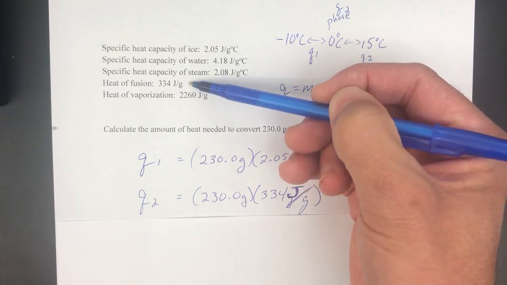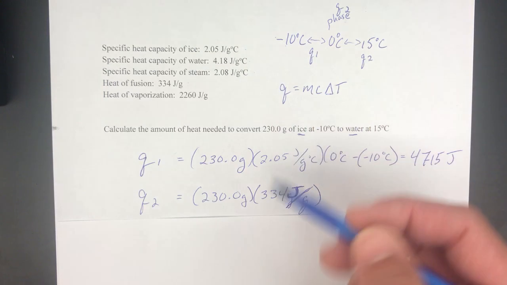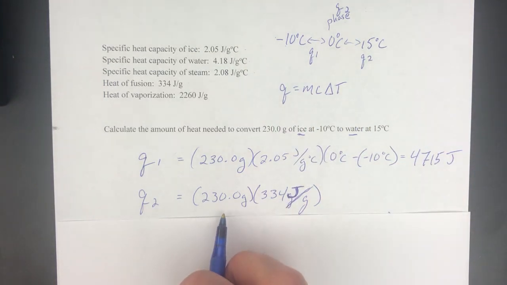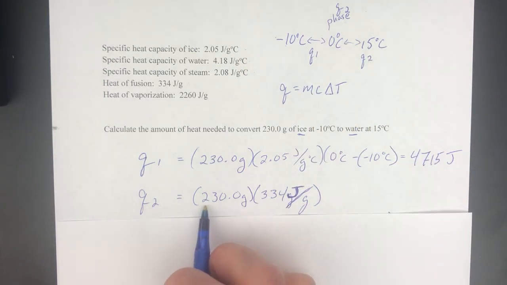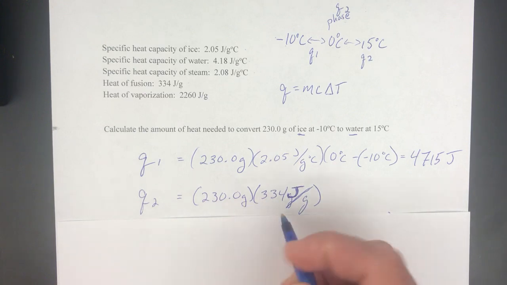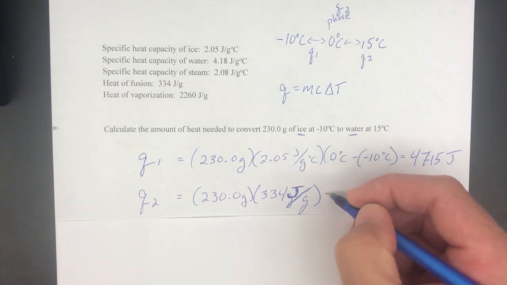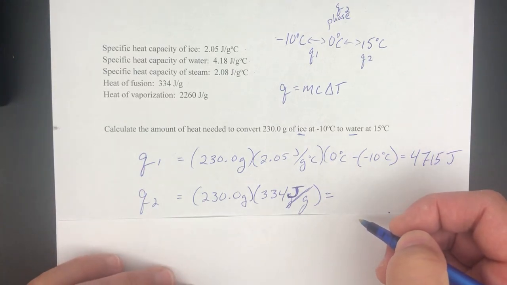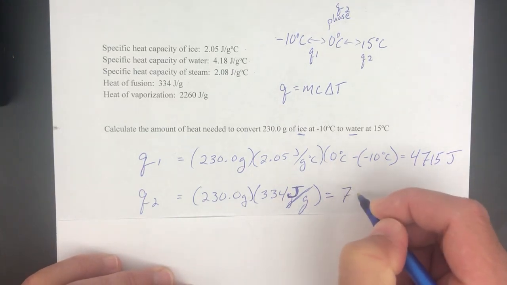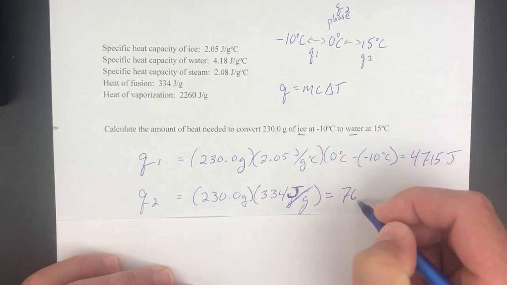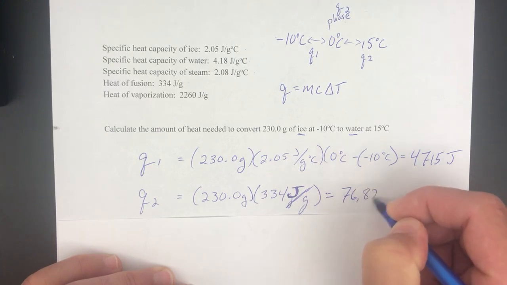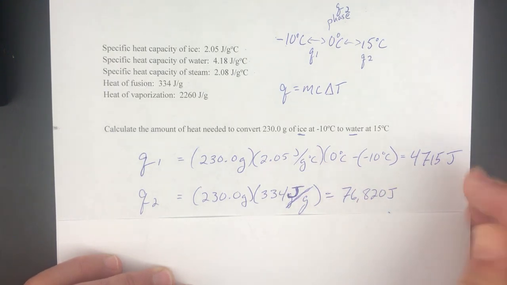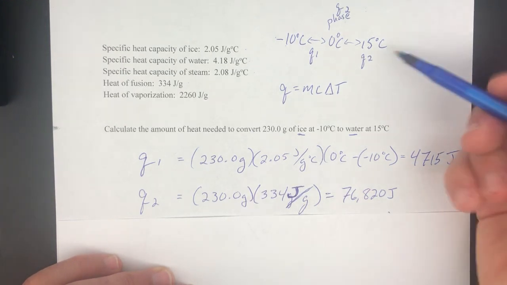We have no temperature change, so all we're doing is multiplying the mass, 230 grams, times the heat of fusion, 334 joules per gram, and when we solve for that, we get 76,820 joules.